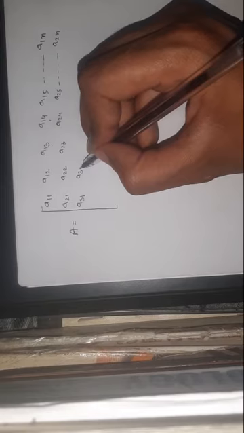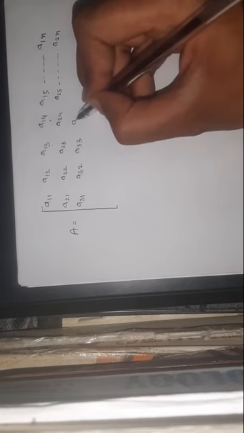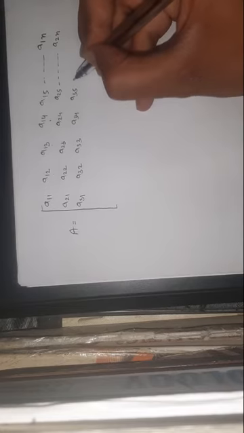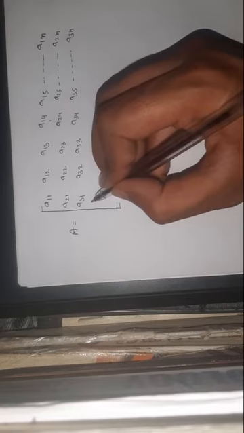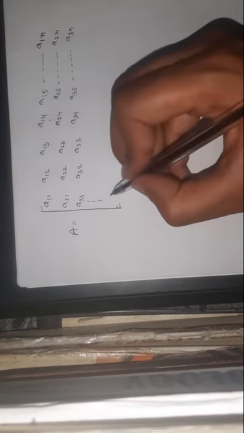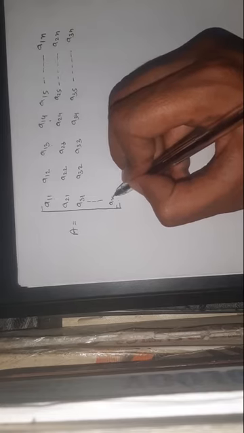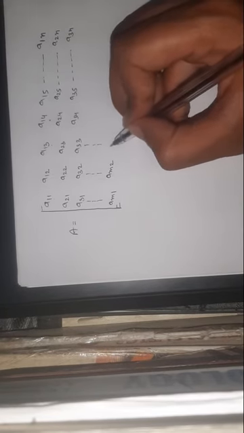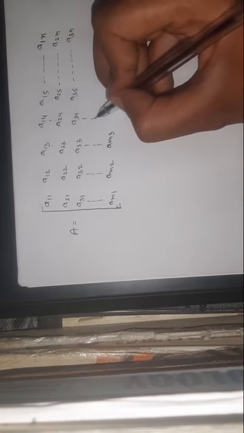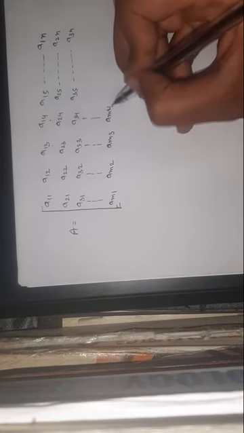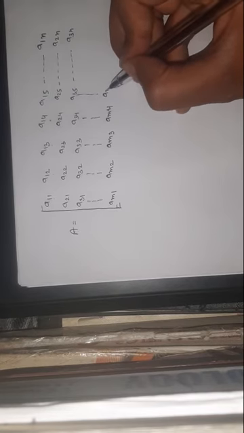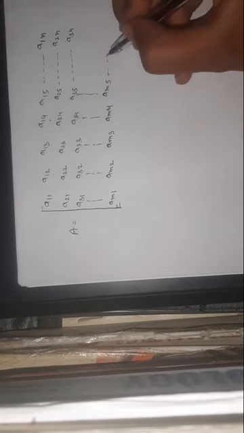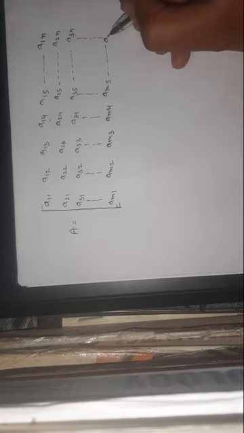A31, A32, A33, A34, A35 up to A3n. Now here up to m: Am1 in the first column, Am2, Am3, Am4, Am5, up to Amn.